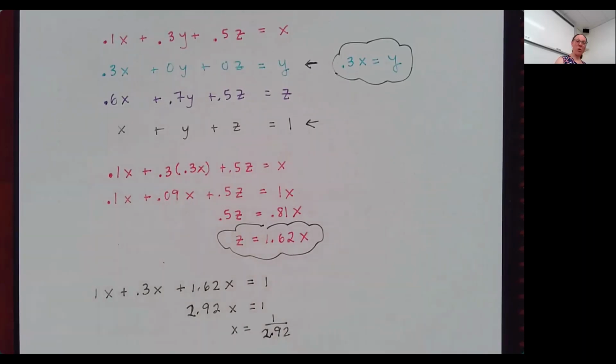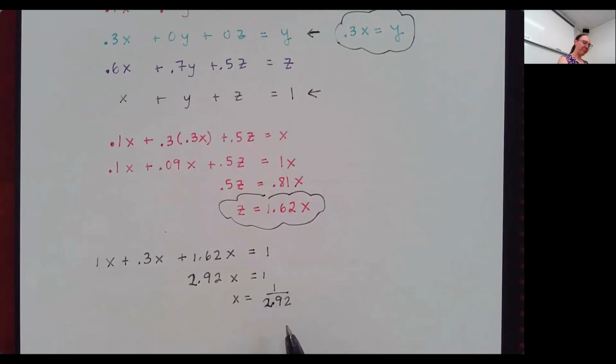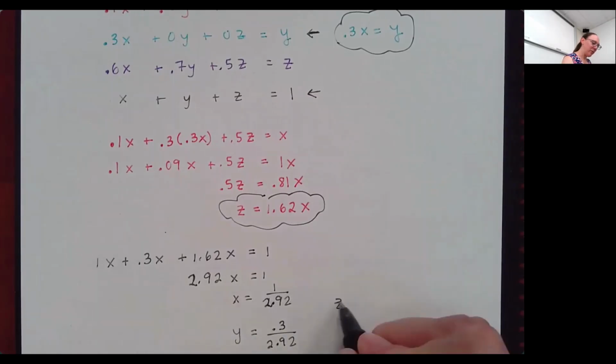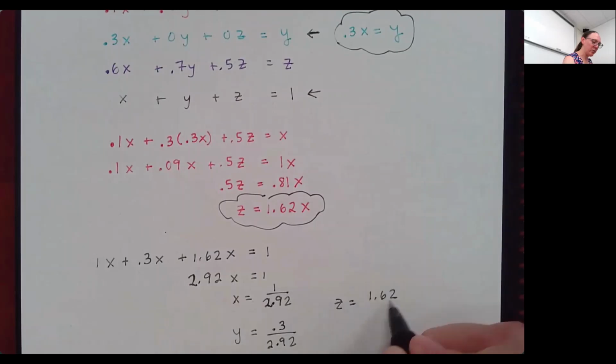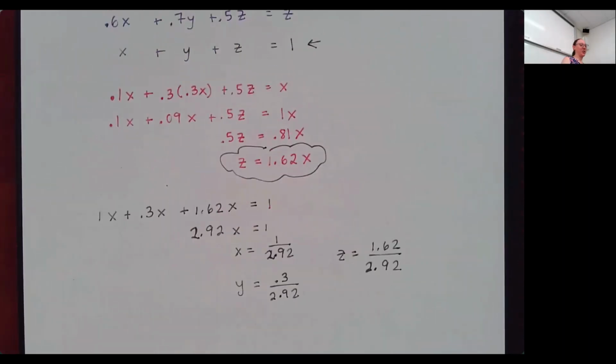So close to 1/3. And that would make y equal to 0.3 divided by 2.92, and z equal to 1.62 divided by 2.92. And at least all of those numbers are positive and between 0 and 1, so it's totally plausible.